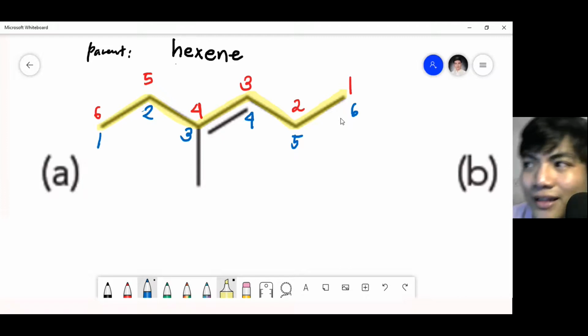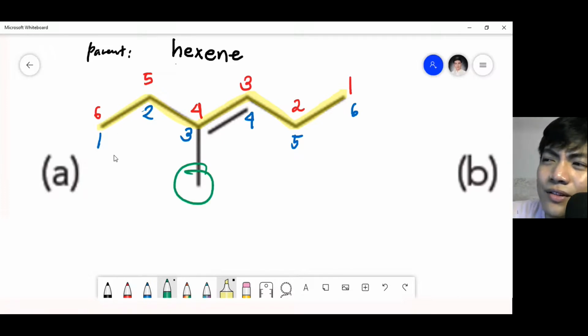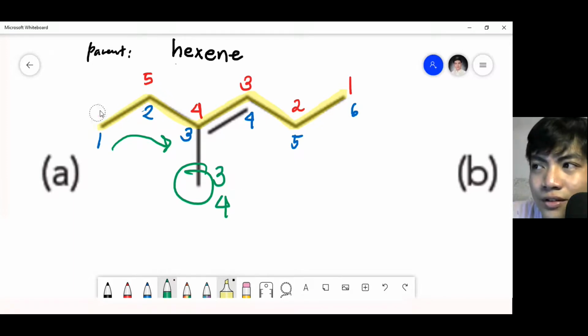Your substituent. If you use left to right, your substituent will be at locant number 3, while if you use right to left counting, it will be 4. So which one is lower? 3 or 4? Obviously, yung 3 yon, of course.